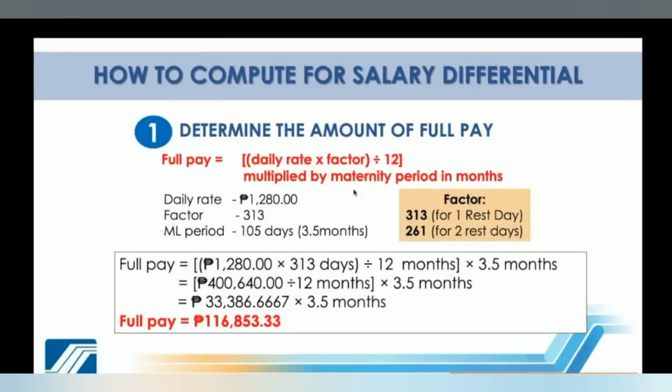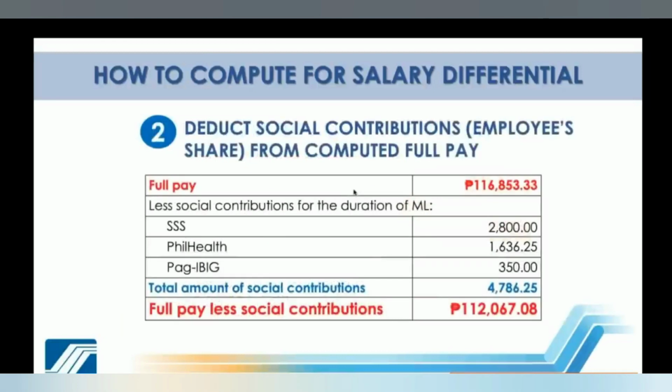For our step number 2, the employer would have to determine the amount of social contributions, the employee's share in particular, to be incurred by the female member for the whole duration na siya ay naka-maternity leave. So, sabihin natin yung 105 days, kunin mo na agad yung kanyang magiging social contributions consisting of the SSS, PhilHealth, Pag-ibig. Question, ma'am, ito ba yung statutory benefits?